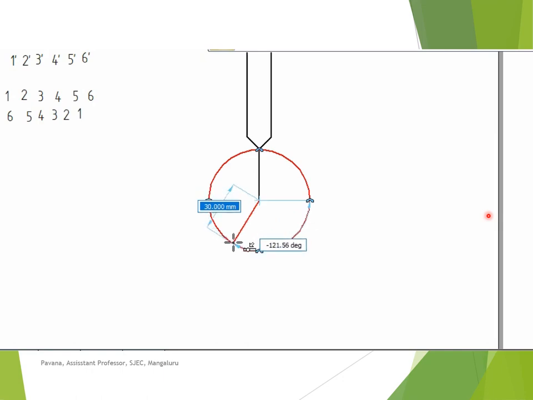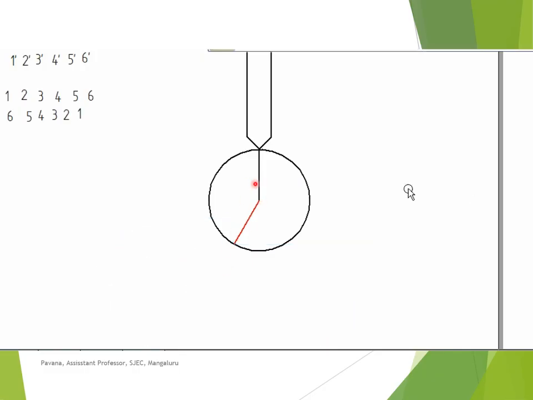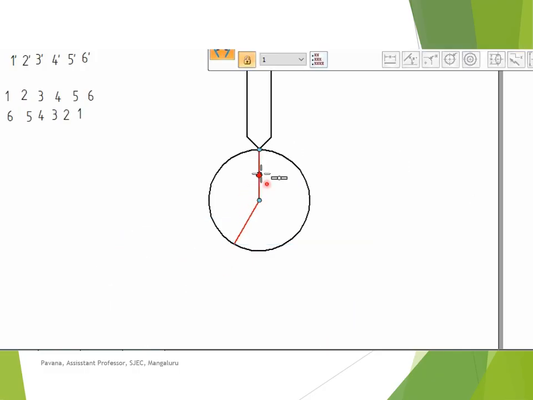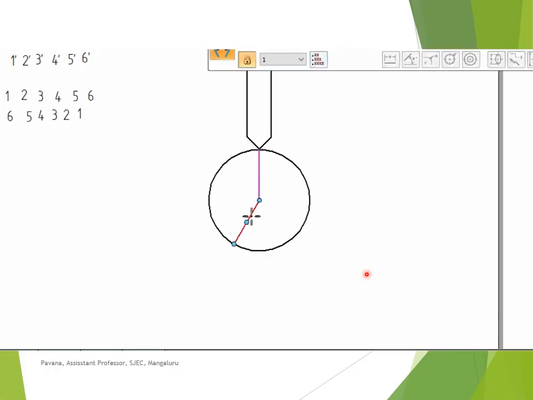So the first angle is 120 degree, so I'll mark that 120 degree with respect to this vertical line. All these things you have to do in a book, not in a software. And this angle is 120 degree.